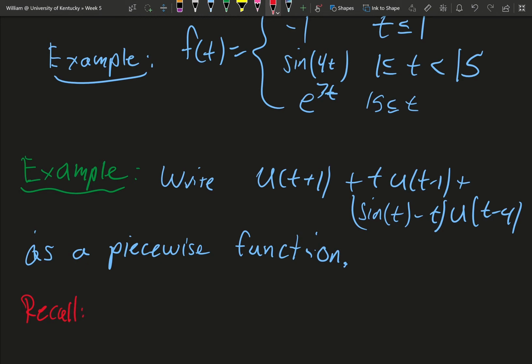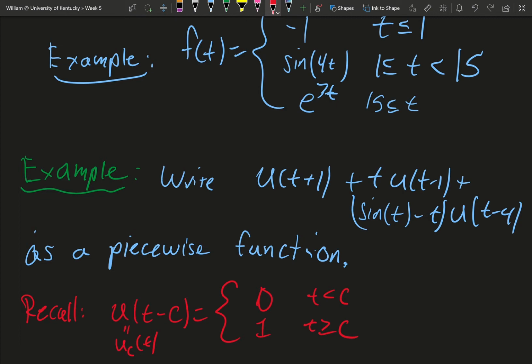So recall what this Heaviside function is. I use the shifted Heaviside function u of t minus c, or u_c of t. This is 0 if t is less than c, and it's 1 if t is greater than or equal to c.